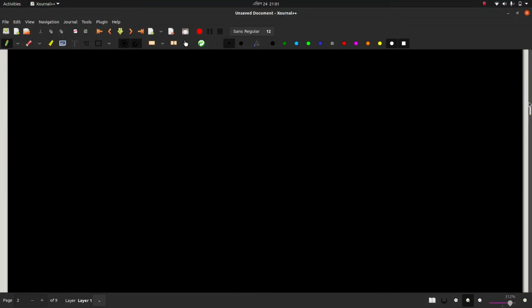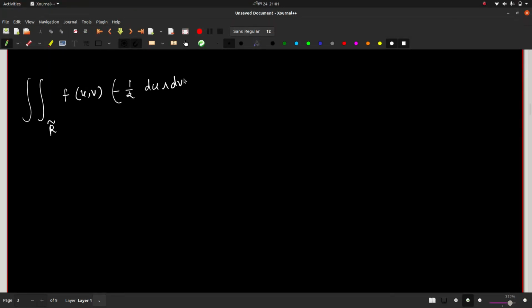So let's try to do that. Let's say this is R tilde, where R tilde is the new region. F is now in terms of u and v, and the pullback gives us this minus 1/2 du wedged with dv, right? And we can now use the equivalence that we saw earlier.